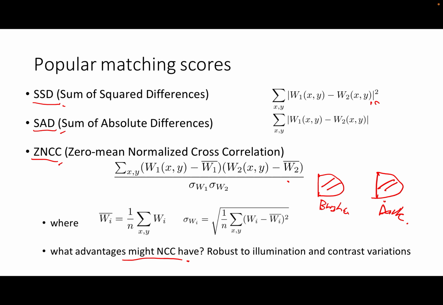If we just use SSD or SAD, although they have similar geometric structure, their error might be very huge because this pattern is bright and this is very dark. But if we use ZNCC, then we can normalize the center and we can normalize the standard deviation as well, so that these two patches might have high ZNCC, right? So that is the good point of ZNCC.